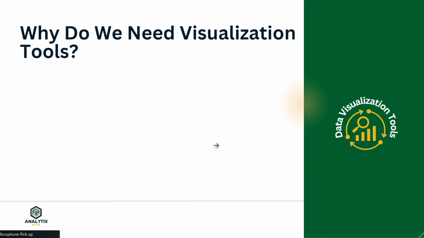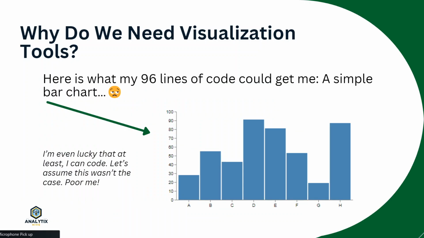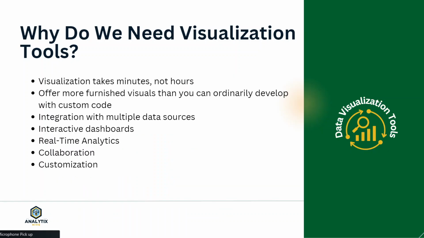So data visualization tools are very useful because they help us arrive at our visualization in a matter of minutes, as long as your data is already in shape, instead of taking hours to write code, right?